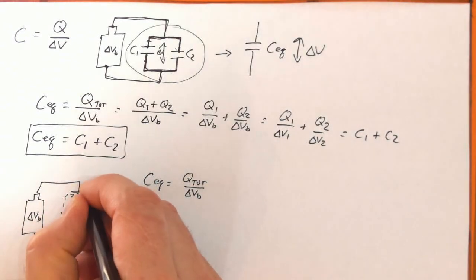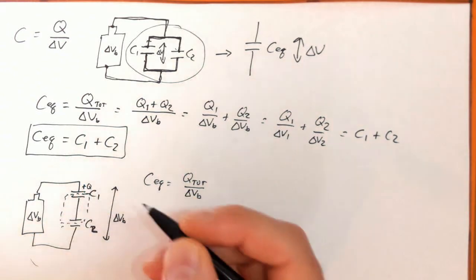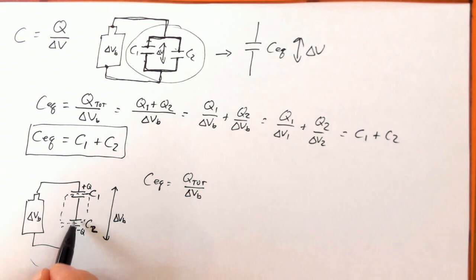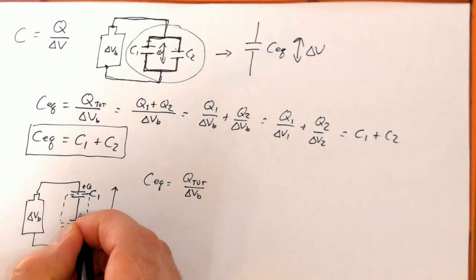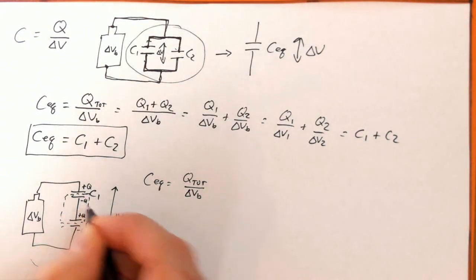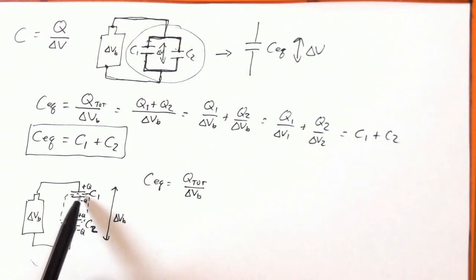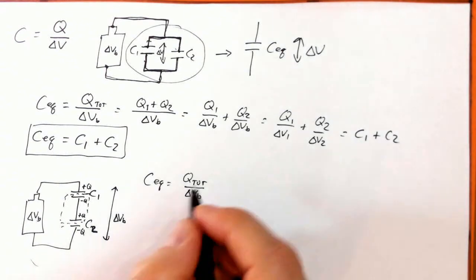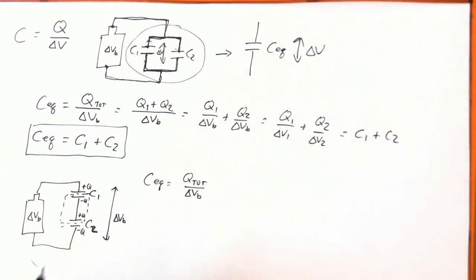It dumps positive charge here, so this would be plus Q, and this is negative Q. For these to be capacitors, this needs to be plus Q, and this needs to be negative Q. That's all right because everything inside is still neutral. We have as much negative as we have positive. That's an overall neutral object, as it should have been, because there's no way of adding charge to it. There's no connecting wires. So we know that Q total equals Q1 and it equals Q2.